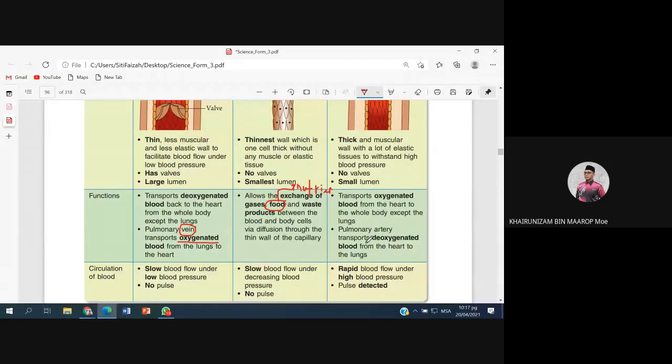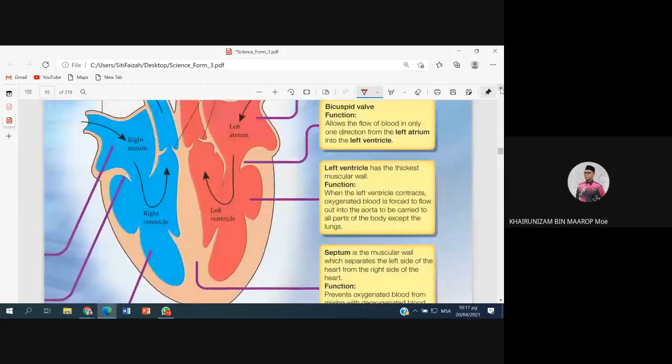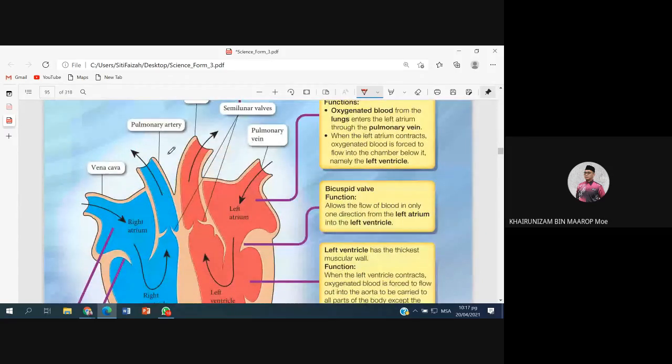The pulmonary artery is at the right atrium, this one. Why is it called an artery? Because inside the pulmonary artery, it contains deoxygenated blood.